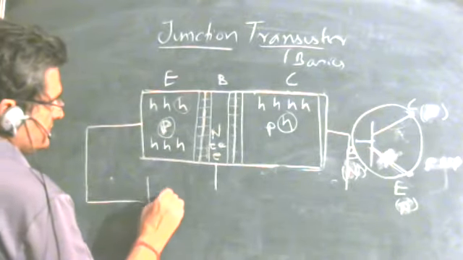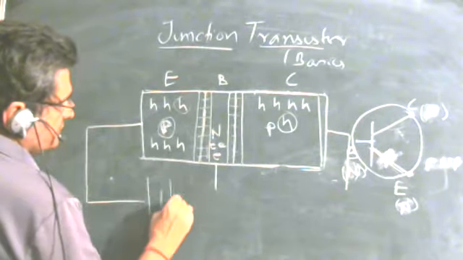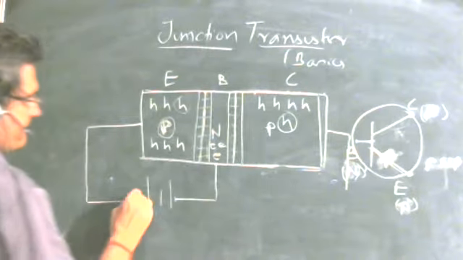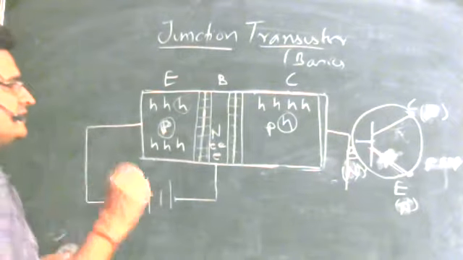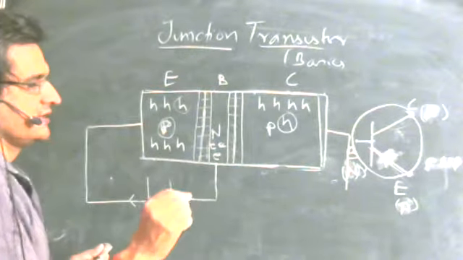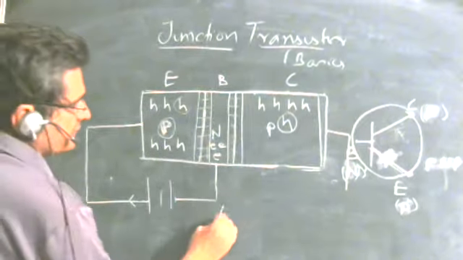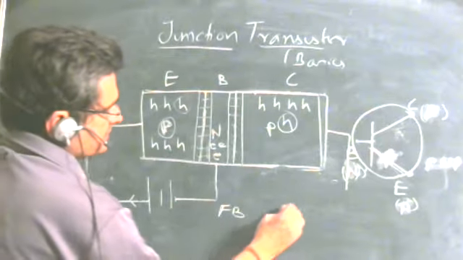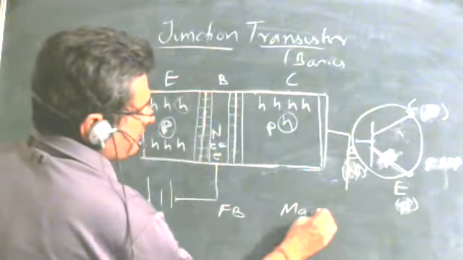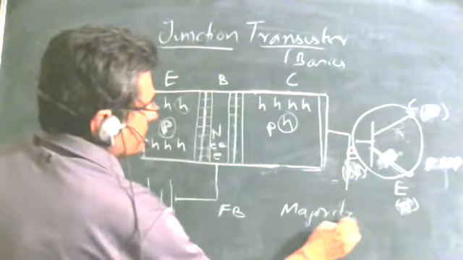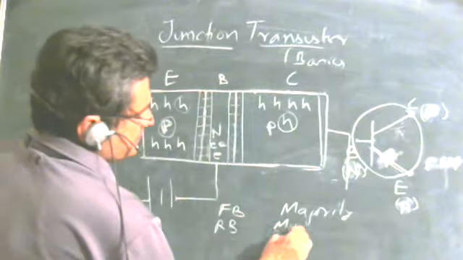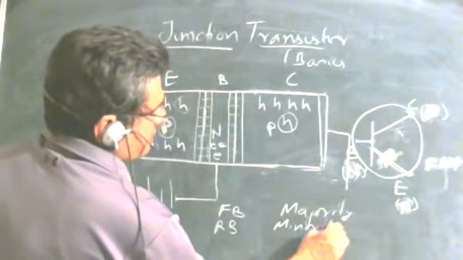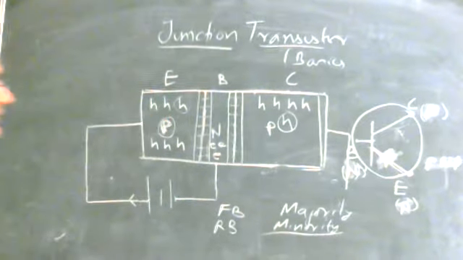And this is the forward bias. Whenever there is a forward bias, there is a current because of majority carriers. Please remember, in forward bias, majority carriers lead to current. In reverse bias, minority carriers. This is the basics of semiconductors.